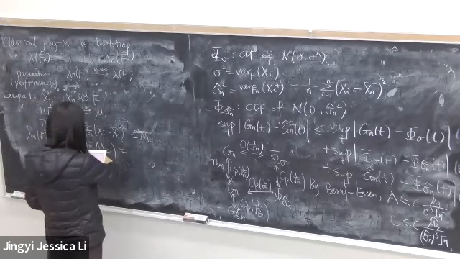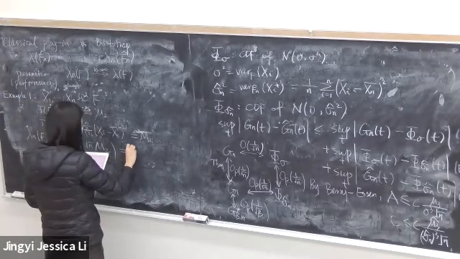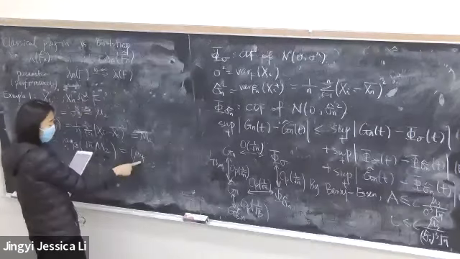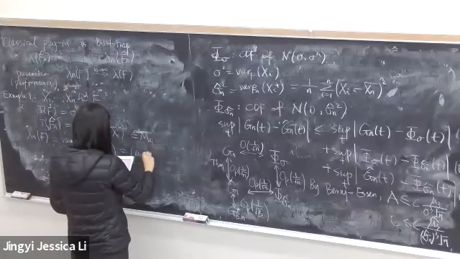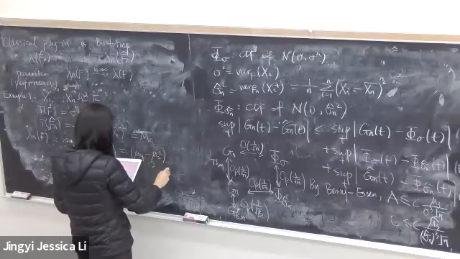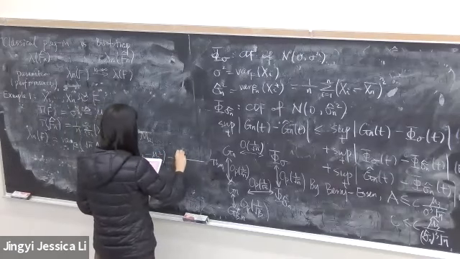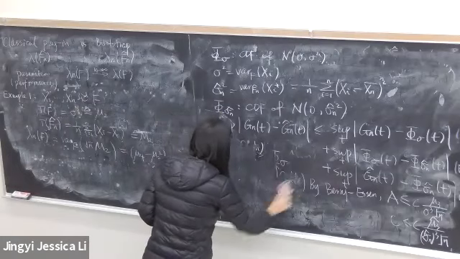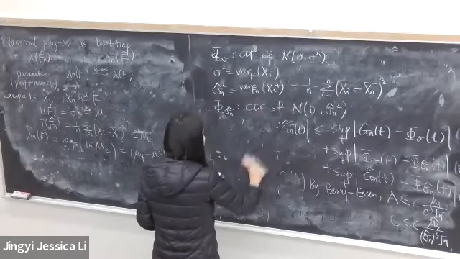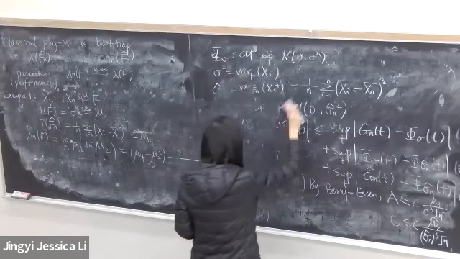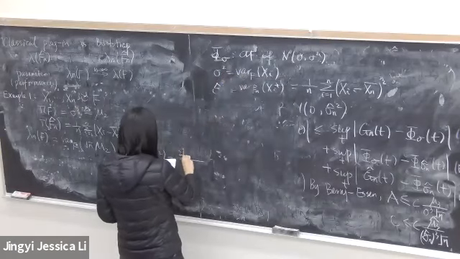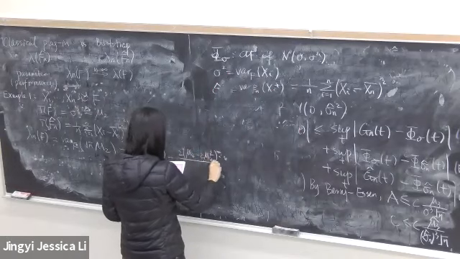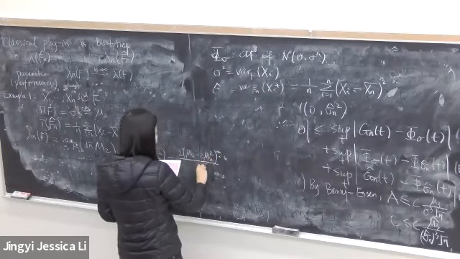So let me just write this down. I'm going to skip the derivation, because we have derived this before actually. The first term is mu4, the fourth central moment, minus mu2 squared, minus 2 times mu4 minus 2 times mu2 squared over n.